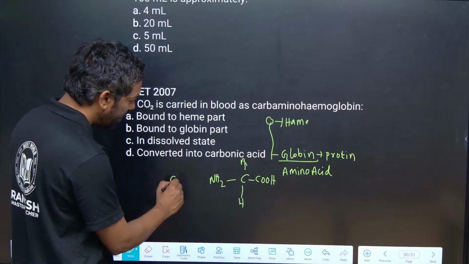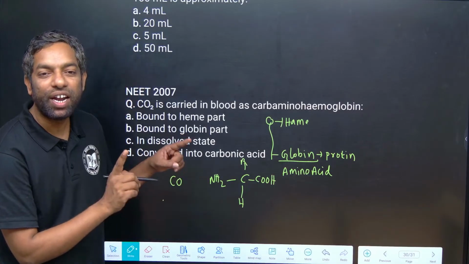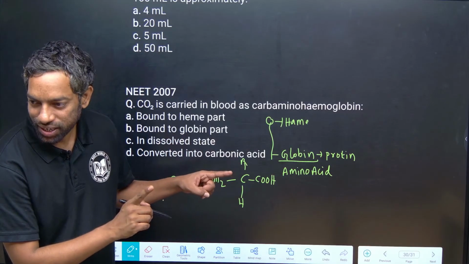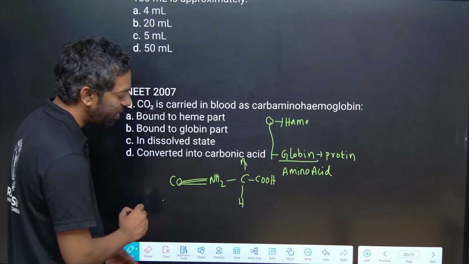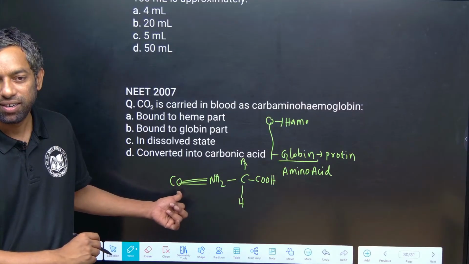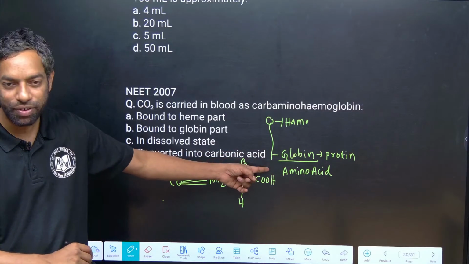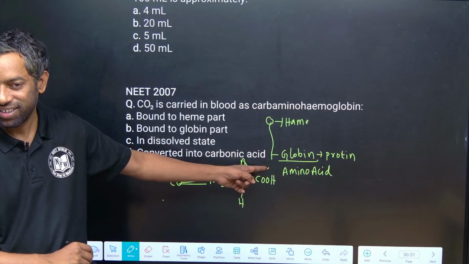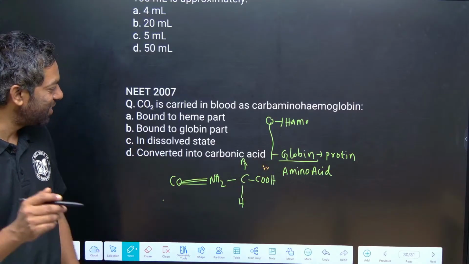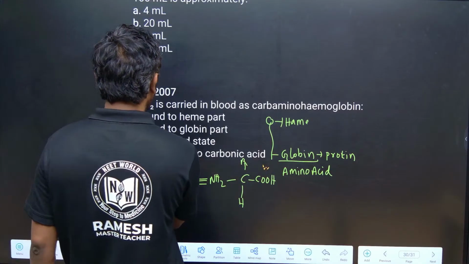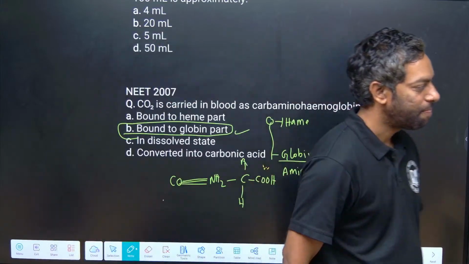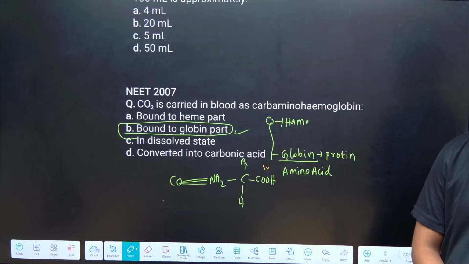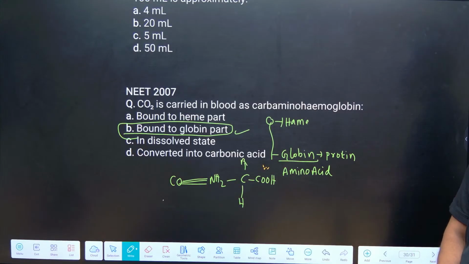CO2 forms a covalent bond with nitrogen, so it can directly attach with the tail part. Got it? So it bonds with the globin part. Answer. Okay? Yes.